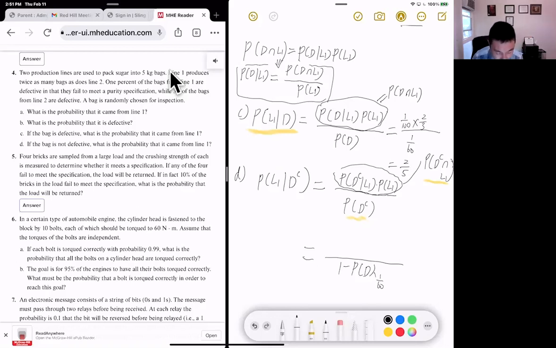The top part is equal to, given it is coming from L1, the probability that it is not defective. So that part is equal to 1 minus P(D given L1).